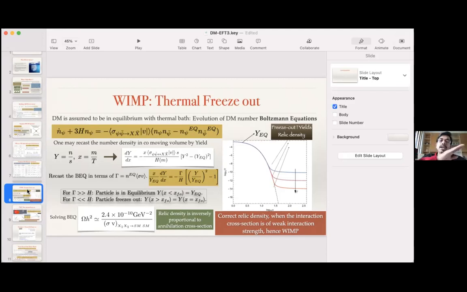And you see that you have started, so that is the main assumption, that you started with Y equal to Y equilibrium. So initially you had to and fro interaction, but there is one point where you can produce one side, but the other side is halted. So this is how it breaks from the equilibrium, and then in the co-moving volume it gives you a result.